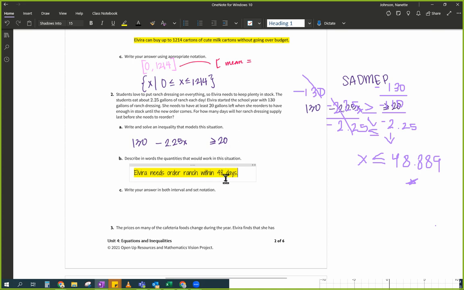So when we say within 48 days, that means everything up to 48 days, right? That's not the only phrasing that we could say. You can say 48 days or less. All right, you guys good?